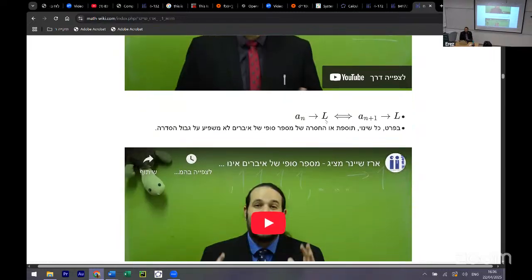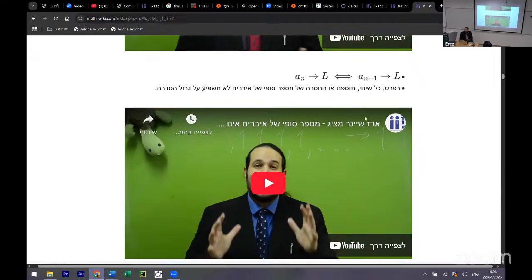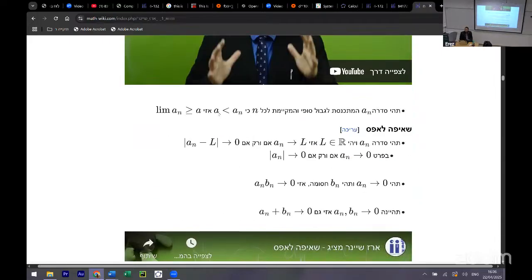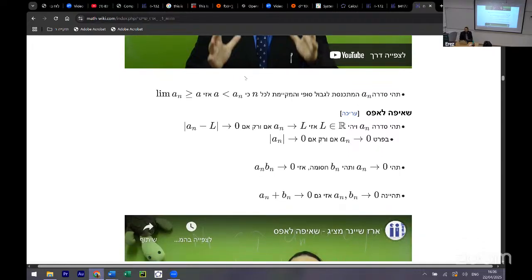A sequence tends to L even if you remove the first element or any finite number of elements; any change of a finite number of elements does not affect the limit. If all of the sequence is larger than A, the limit is larger or equal to A. I think this one we've proven.